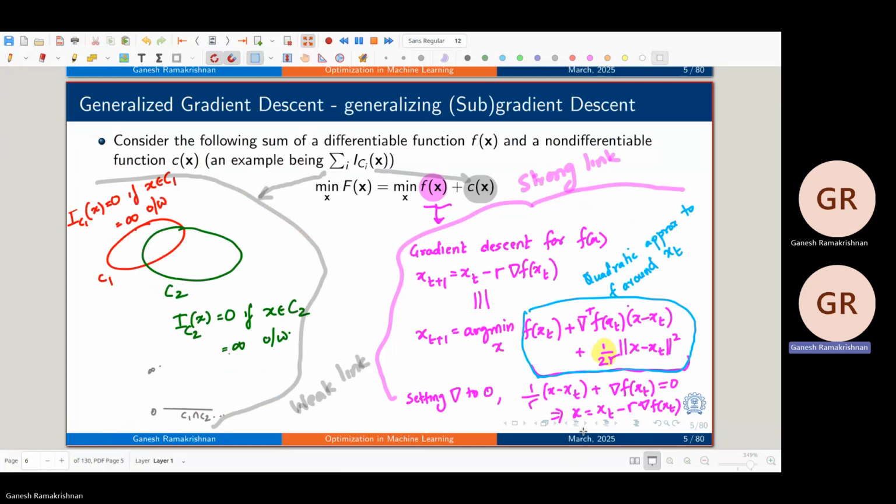So what was this? Just look at it. x_{t+1} is the argmin over x of f around x_t and so on. If you just differentiate this, this is a quadratic approximation around x_t, okay?